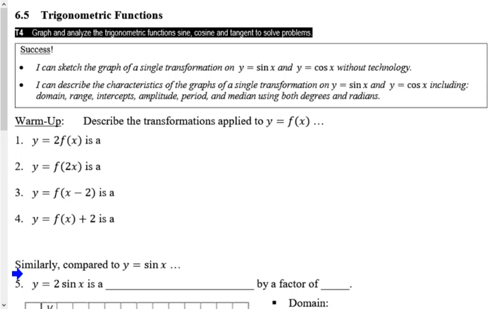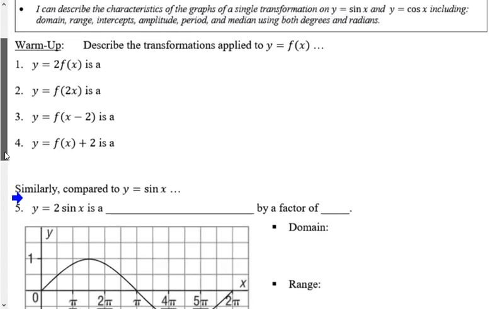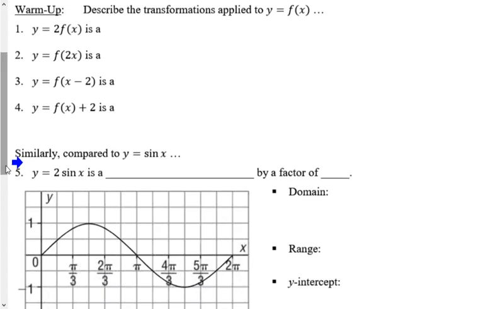And I'll have you begin with this warm-up question, just reviewing from chapter 3. What is each of these transformations that's happening to that function? All right, let's just quickly review these together.